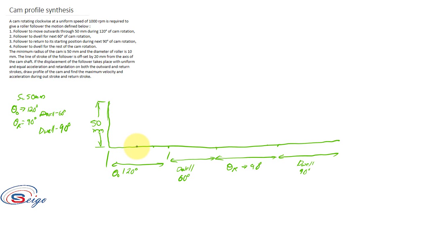So this is your point 0, 1, 2, 3, 4, 5, 6, 7, 8. So divide this outstroke into 8 equal parts.